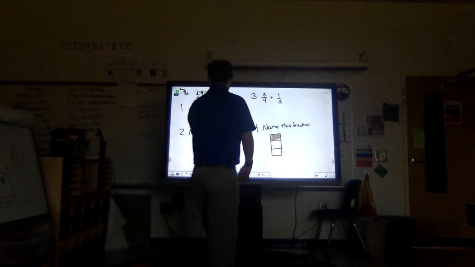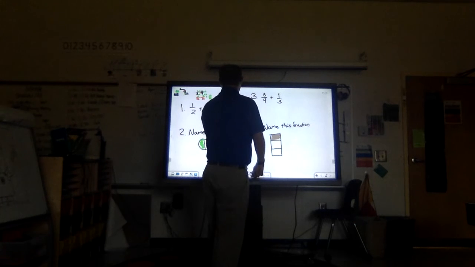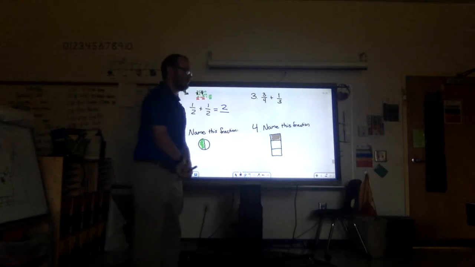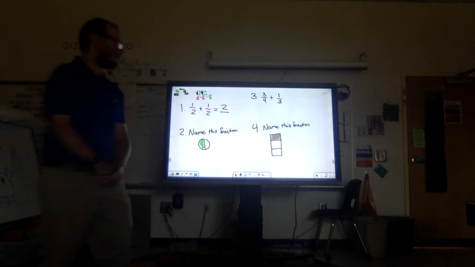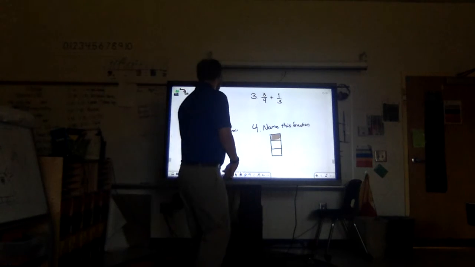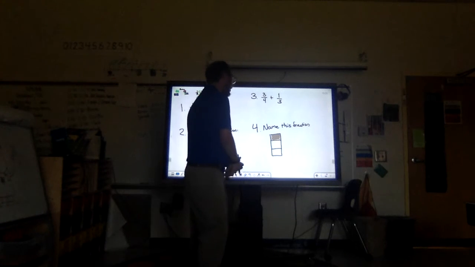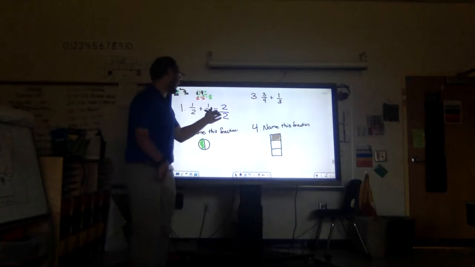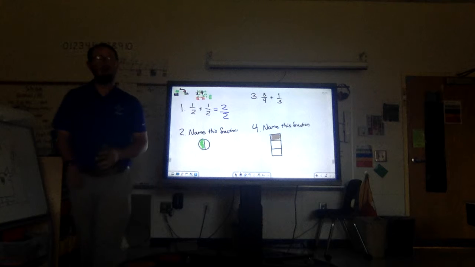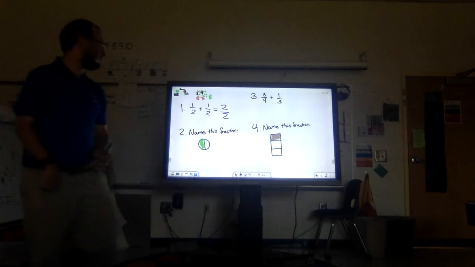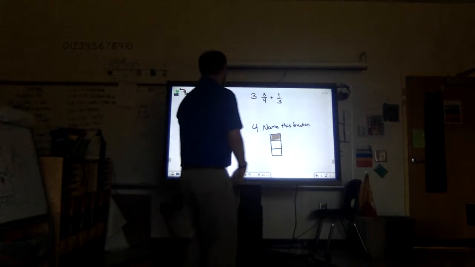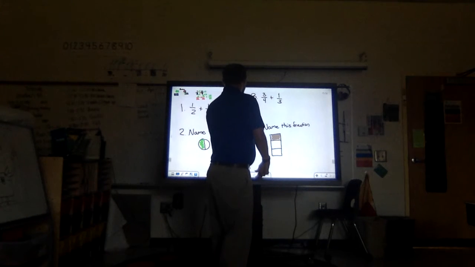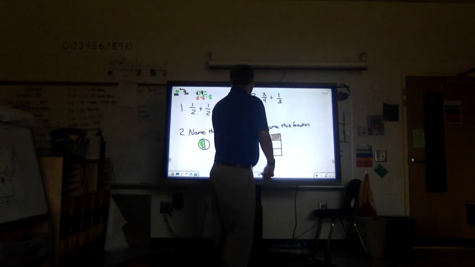Good job. And do we keep the denominator? Yes, we do, Richard. It is 2 halves. Remember, when we have 2 as the denominator, we always say halves. Okay, what is 2 halves equal to? It is equal to 1 whole.